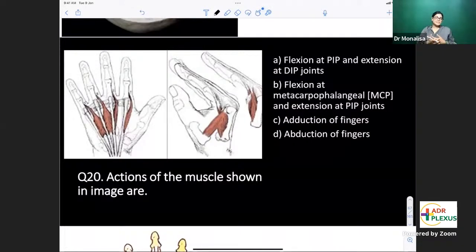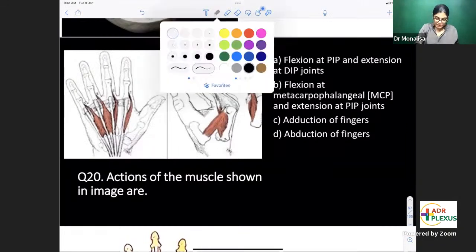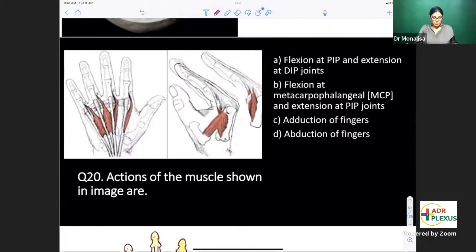Okay, so which muscle is this? Absolutely right. Few of the students have identified. I'm getting A and D. Yes, dear, if I talk about the right answer, the action of the muscles shown in the image, definitely we are getting B, lumbricals. B is the absolutely right answer.